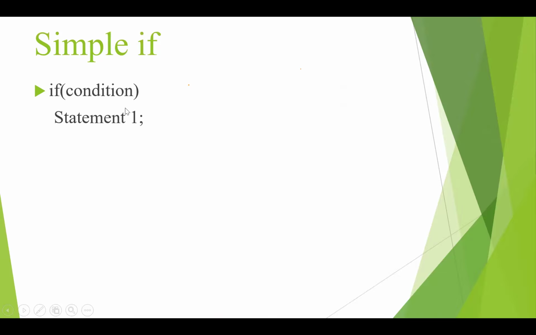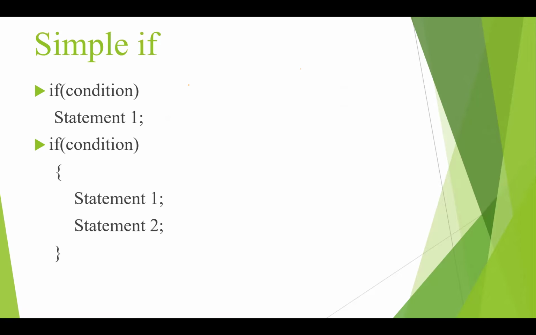Another way is also there. Here, if the condition is true, then these two statements are to be executed. What is the difference between these two? Here we are not giving curly brackets in the first one, because only one statement is to be executed, so no need of curly brackets.